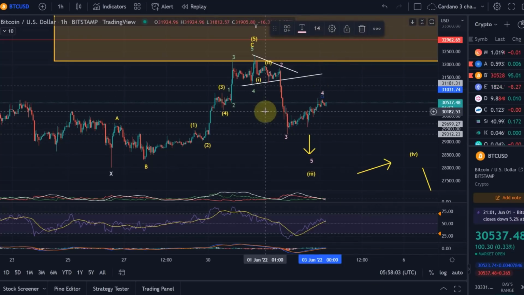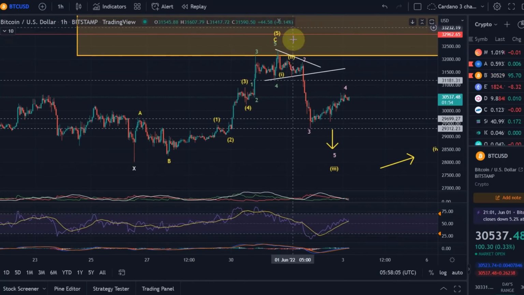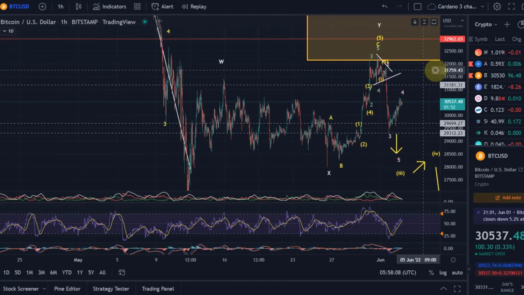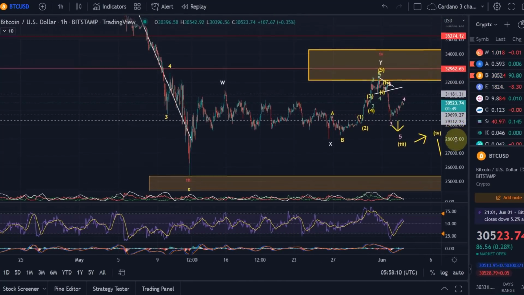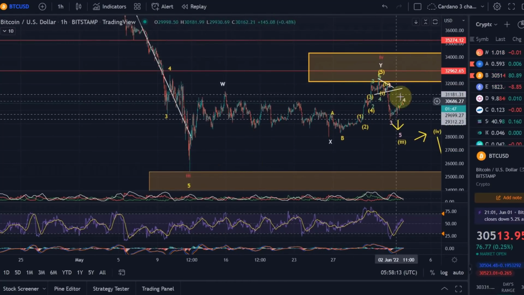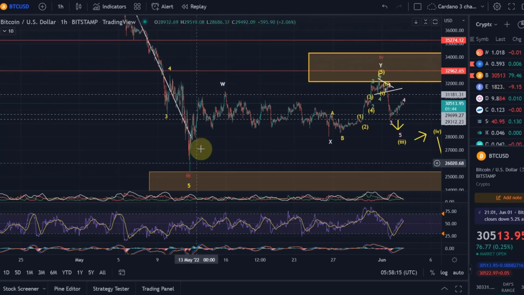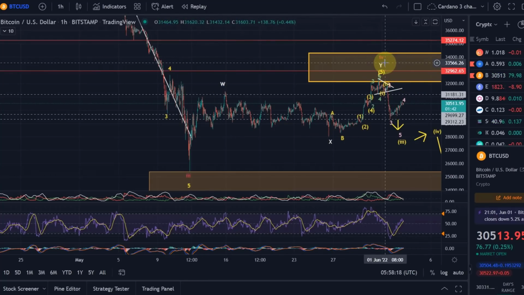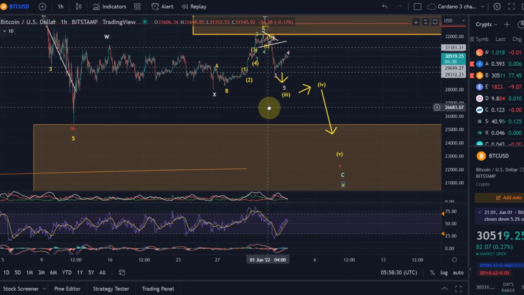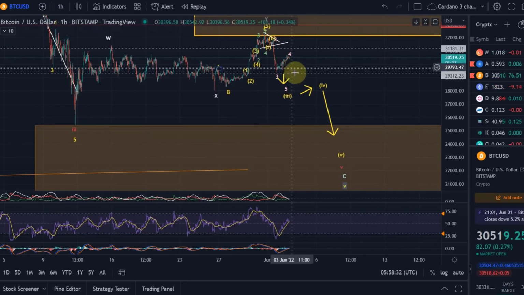I don't want to go through the entire count again, but the assumption is that what Bitcoin did here was a wave 4, which means we made a WXY double zigzag pattern, which is a corrective pattern. At the wave Y, which is currently my primary expectation, the wave Y is already complete, which means the wave 4 is complete, which means we should now enter a new impulsive wave down in 5 waves. And it's looking a little bit like we started that already.